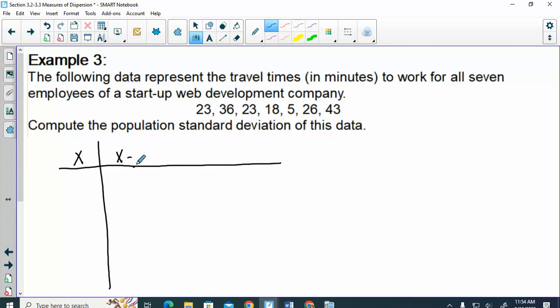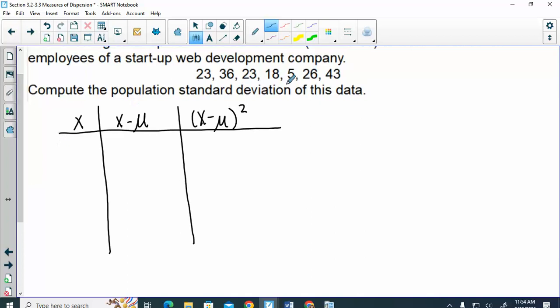Then we're going to do an x minus the mean, and x minus the mean squared. So my x's are my times, 23, 36, 23, 18, 5, 26, 40.